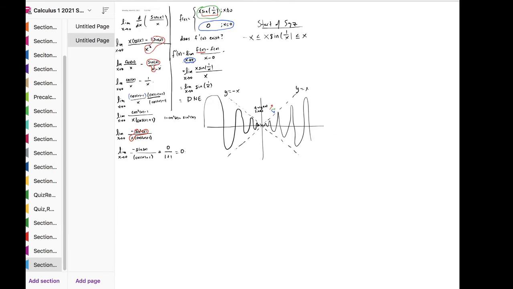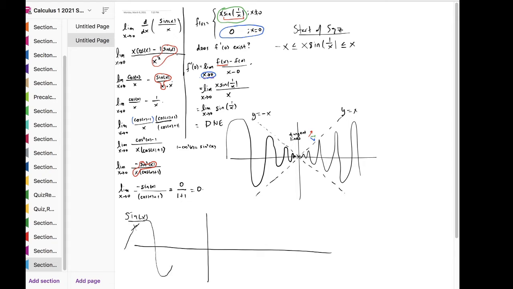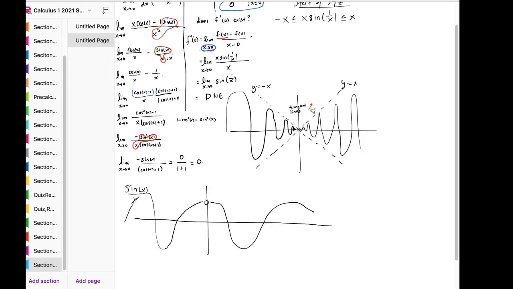So the derivative of sine x over x, this tells you what tangent lines are doing in the picture. So here's a rough sketch of sine x over x. Something like this. Well, not quite.